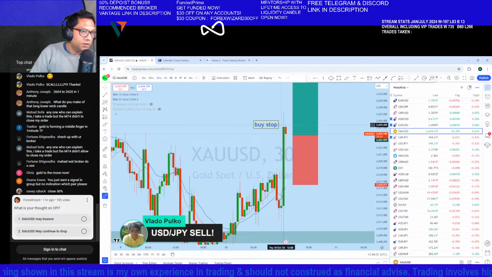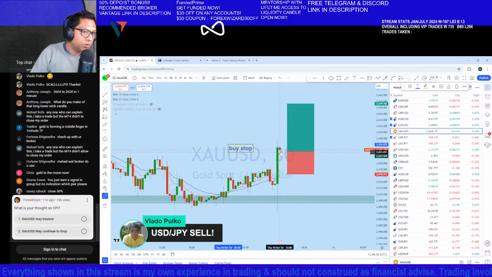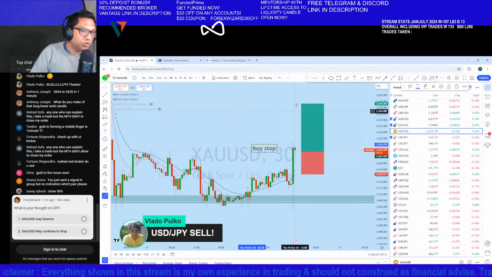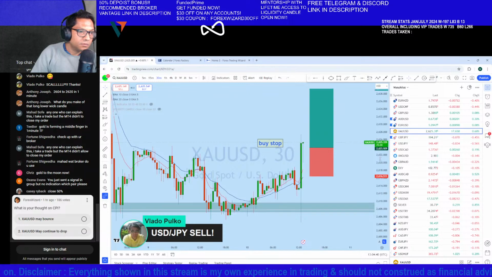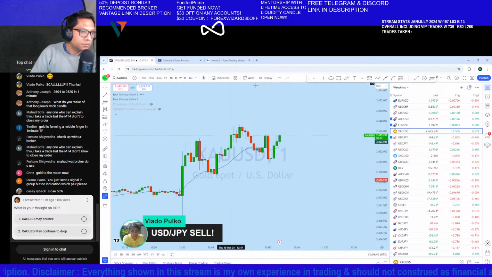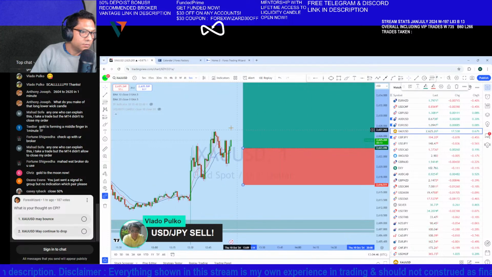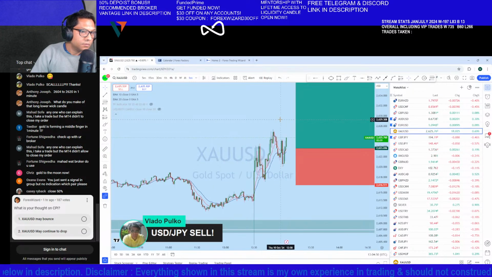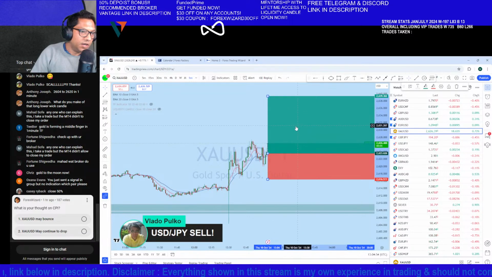I think that if it wants to go up, it has to close above this 30 minutes going up. Feel that long wick at the top. In that case, we might see a clean uptrend. Okay, we see an upside bias.